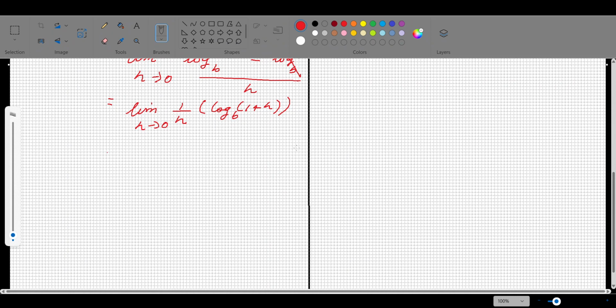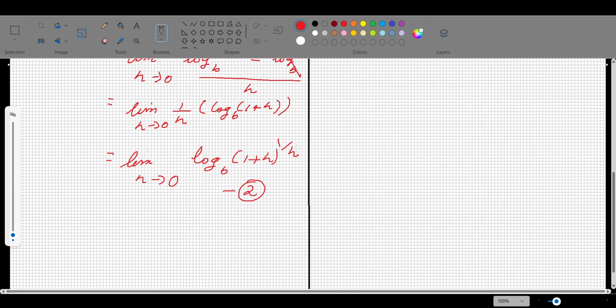And here we have the opposite situation. We have something being multiplied to the logarithm of a value. So what we could rewrite it as is limit of h tends to 0, log to the base b of 1 plus h to the power of 1 divided by h. Okay? And this is equation 2.